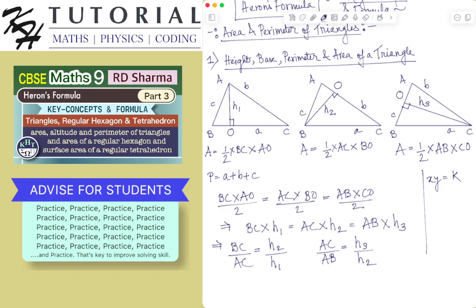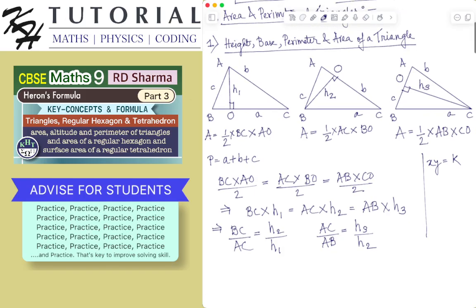Okay. Now, when we know the length of all the sides of a triangle, there is another formula known as Heron's formula. This entire chapter is about Heron's formula.